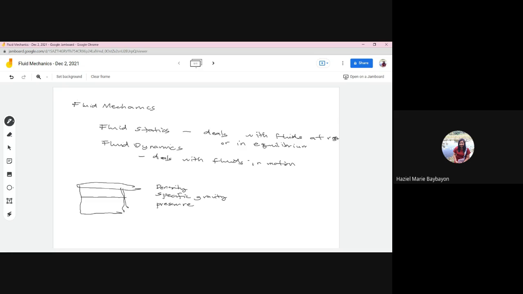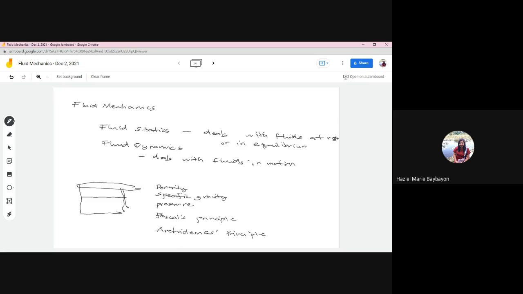And we can also have Pascal's principle. And then we have the Archimedes principle, which is also known as buoyancy. And then we have surface tension, capillarity. So these are familiar terms.